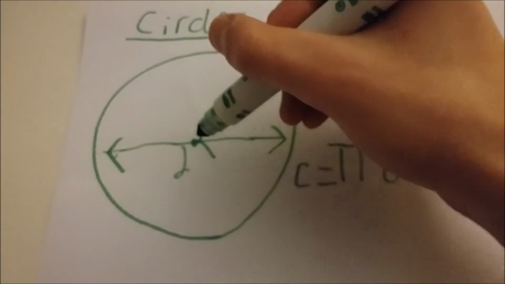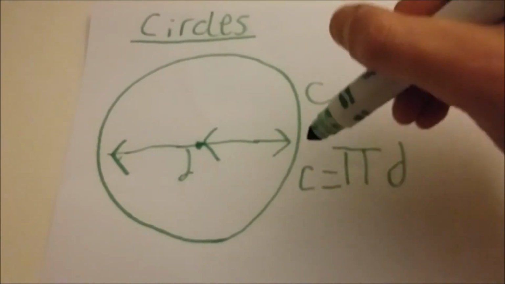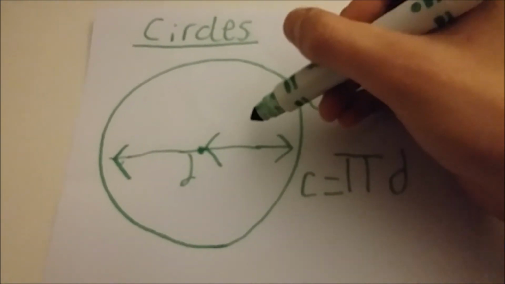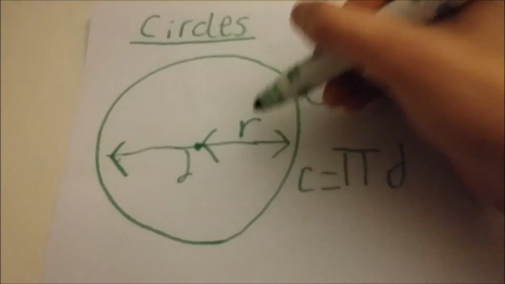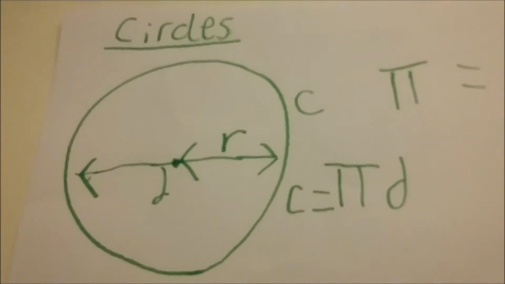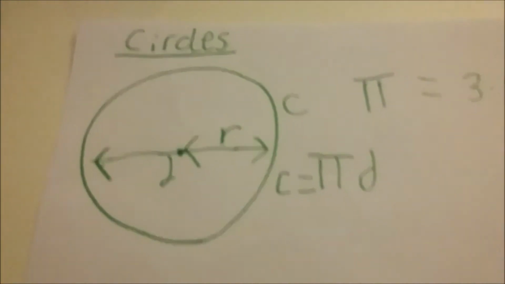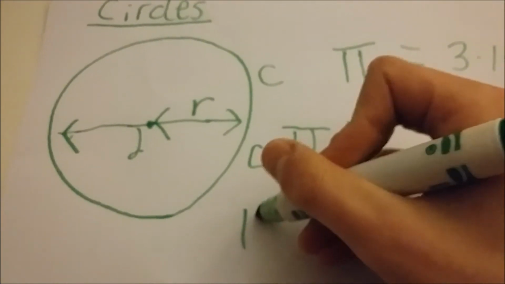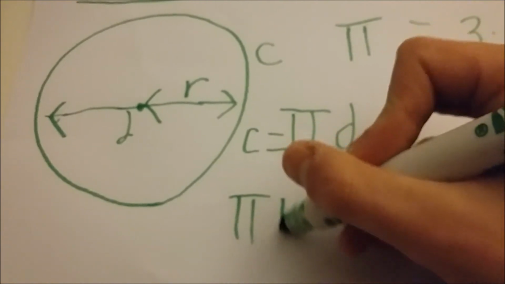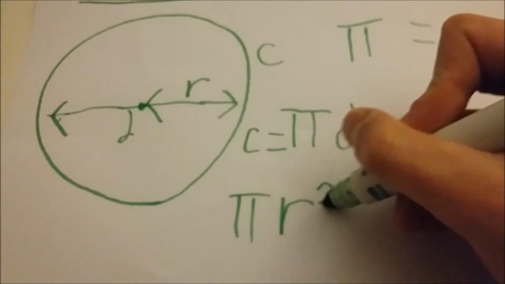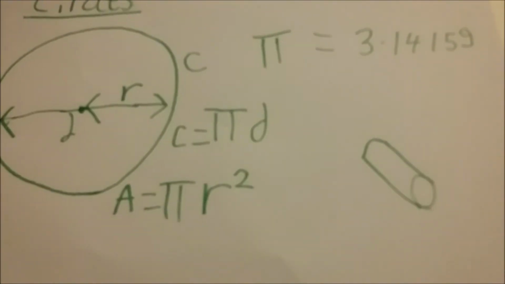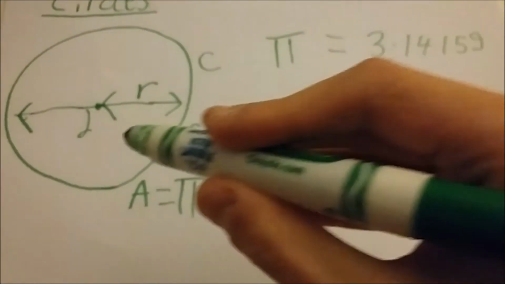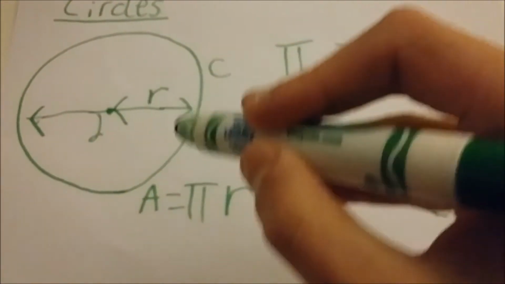So a line going from the centre to the edge of the circle, and that is called the radius, which we use the letter R to represent. Now to work out the area of the circle, we use pi times the radius squared. So now you know that pi r squared is the area of this circle.